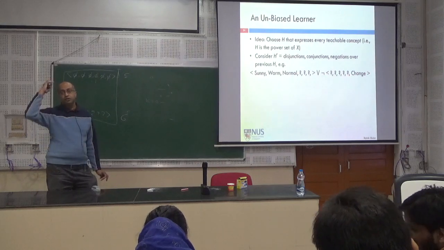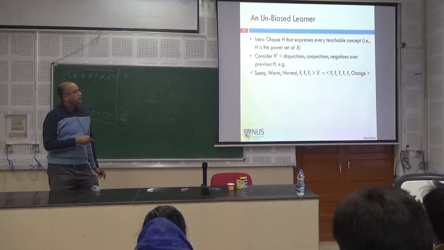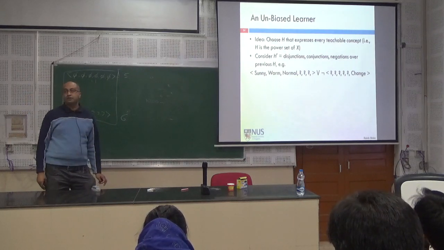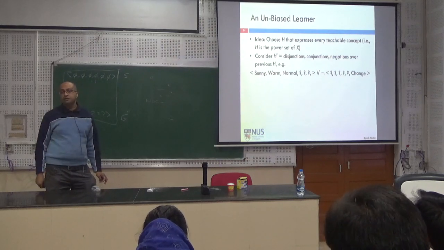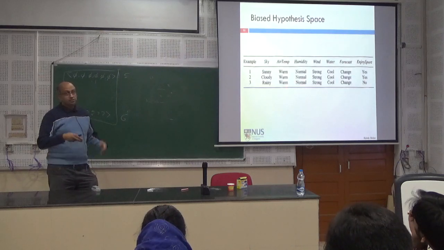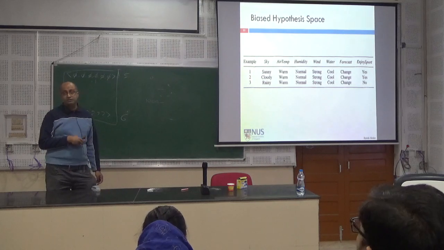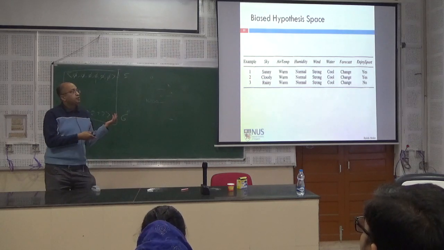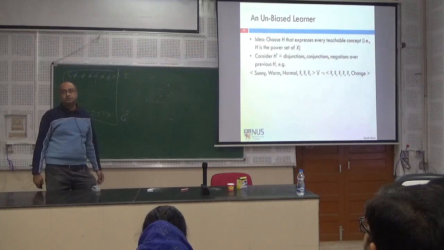As long as the weather is constant, I can go swimming, or as long as these three are there, I can go swimming. So this is a much more general hypothesis space. If you go back to your trees and try out these three test conditions, they will not be satisfied. But hopefully, if you generalize to something like this, you can come up with a set of rules where it works.